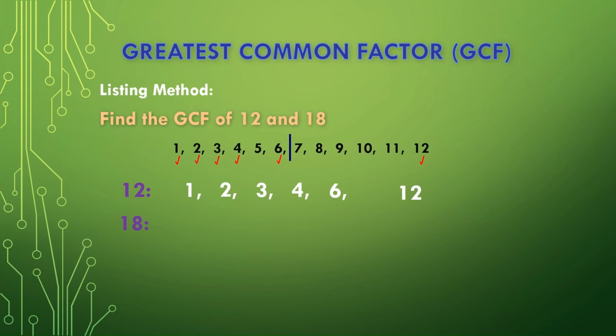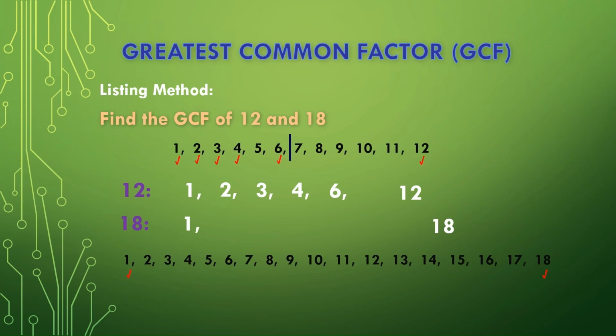Now, let's get the factors of 18. Also, I have written numbers 1 to 18 to facilitate my explanations. 1 times 18 is equal to 18. So let's write 1 and 18. Let's check 1 and 18.